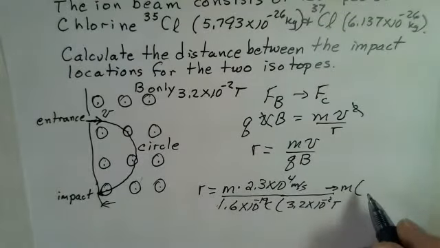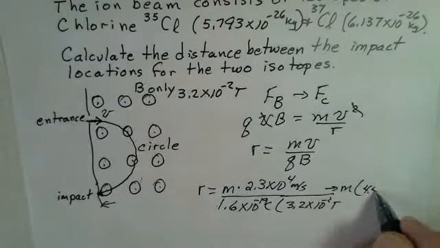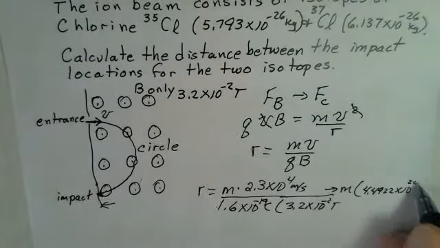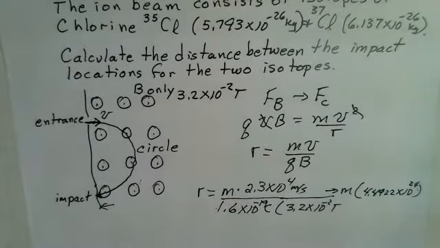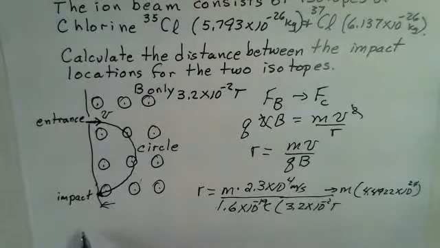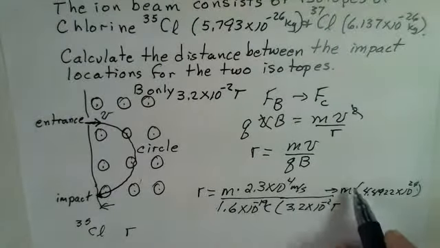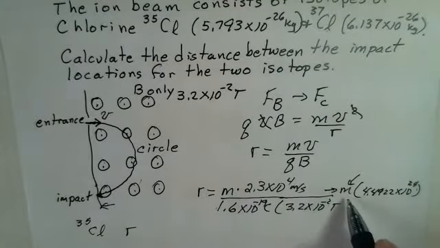But the V over Q over B I found was 4.4922 times 10 to the 24th. And now if I do this for the chlorine 35, the radius, go ahead and put in the proper mass here.